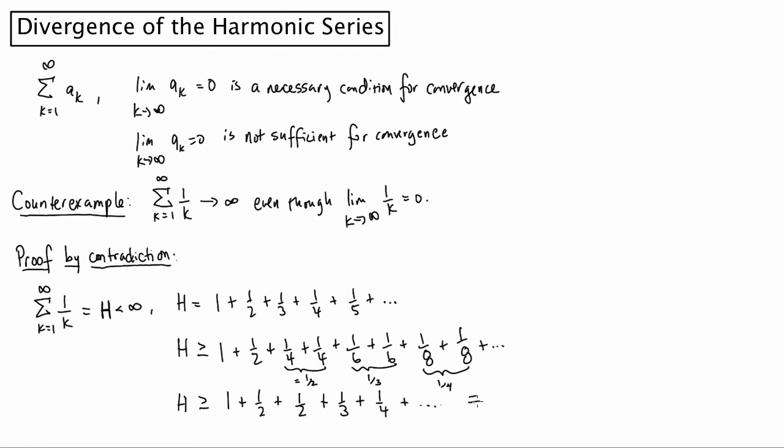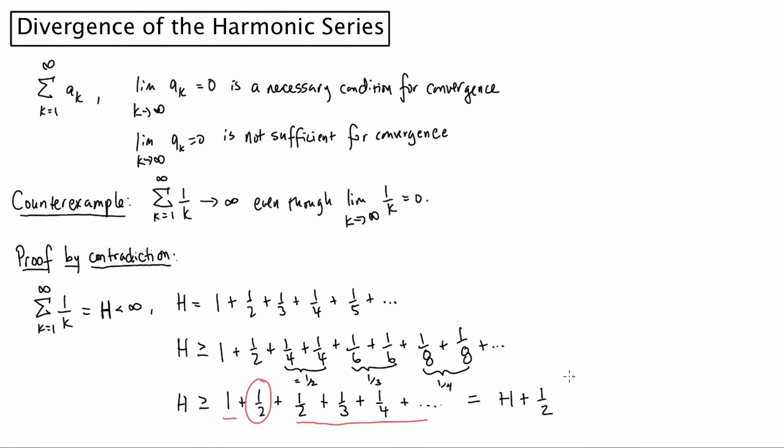But if I look here at the red pieces, that's exactly the same thing as h. I just have an extra half term. So I just proved that h is greater than or equal to h plus 1/2.